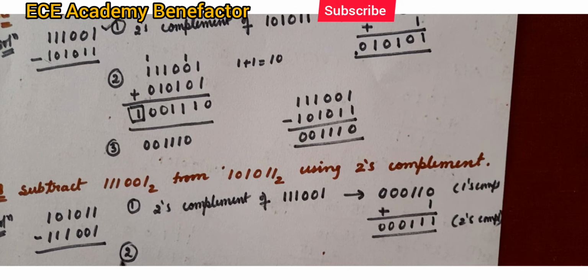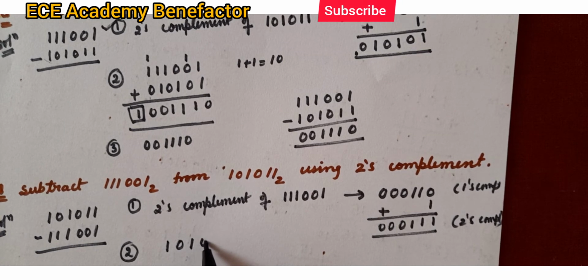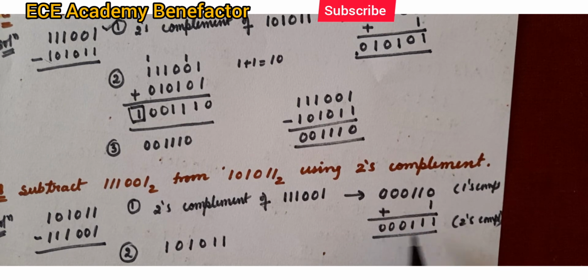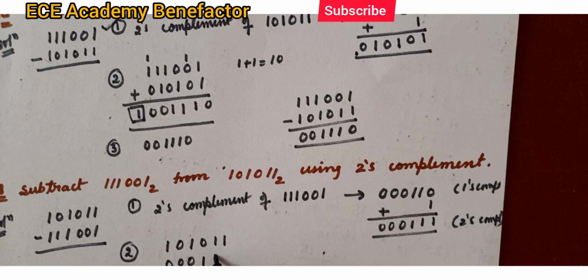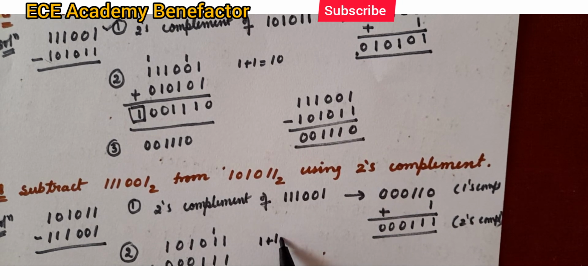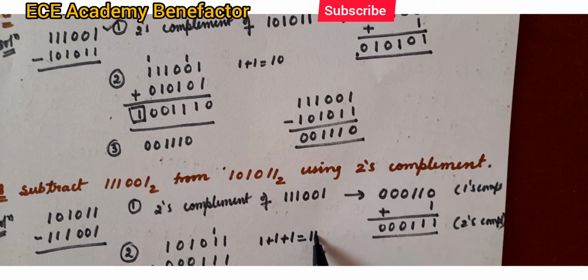Second step is add this 2's complement to the minuend. So write it 101011. Take this 2's complement number, that is 000111. Add it. 1 plus 1 is 10, 0 with 1 carry. So 1 plus 1 is 10 plus 1, so it will become 11.